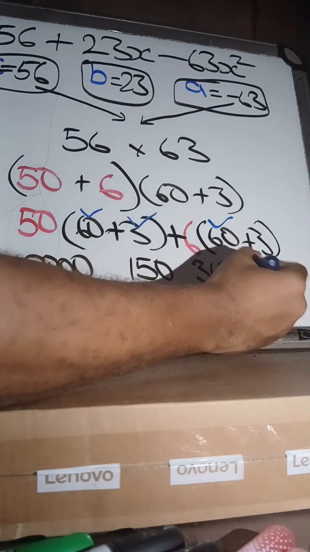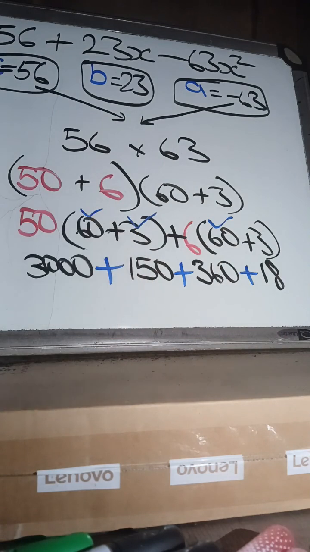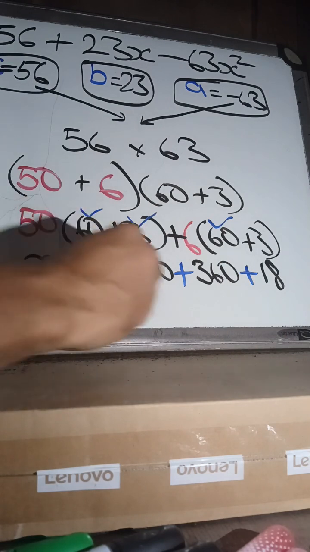So then you have this. And no matter how many times you do this, you can't get it wrong. 510 plus 18, 528.